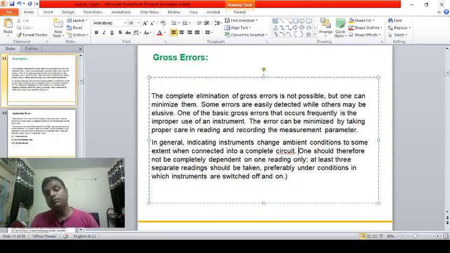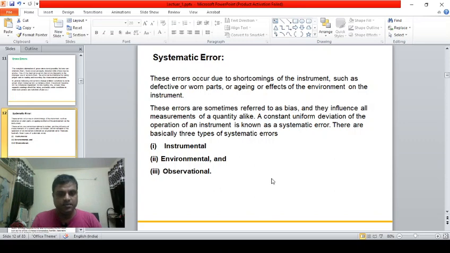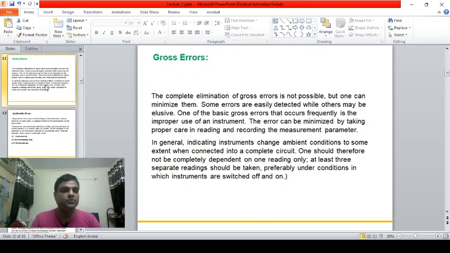So to minimize the gross error, we take more than one reading and take the average of these readings, so the gross error will automatically reduce. These are basically some of the methods to reduce the gross error. That is the end of today's lecture.